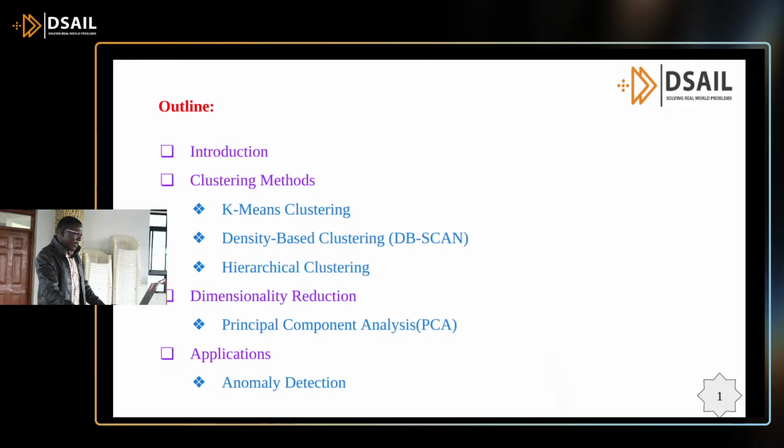And then as part of unsupervised learning, some of these methods can be used for anomaly detection. We all understand what an anomaly is, something that is totally different from the usual one. So some of these algorithms can be used to do the detection.